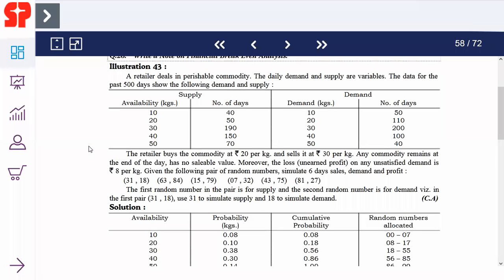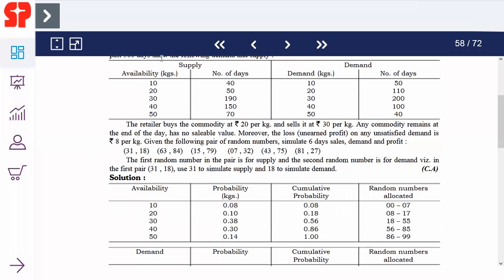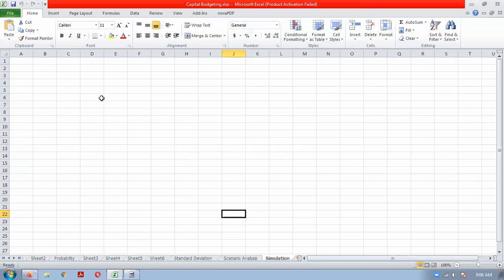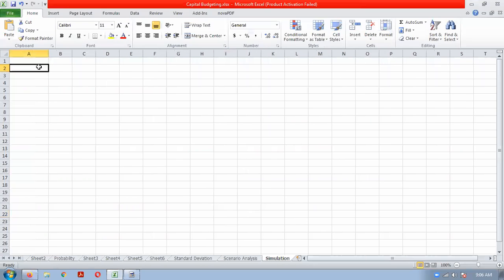See, all the details are given: supply details, demand details, random numbers, etc. First, to start a simulation, you should start with the random number allocation table.